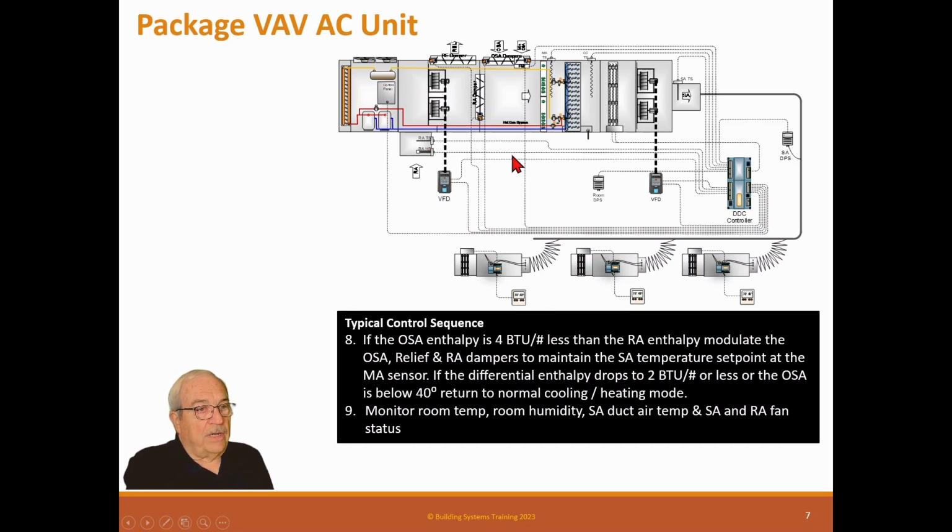Now, to be quite frank with you, I've done a lot of retro-commissioning in existing buildings, and the normal situation is to find economizers turned off. In most existing buildings, economizers are not functional. The reason is that something goes wrong and it's not working, and the easy thing for an operator to do is turn it off, because they have to do something right now.